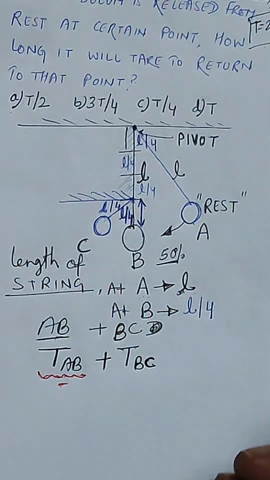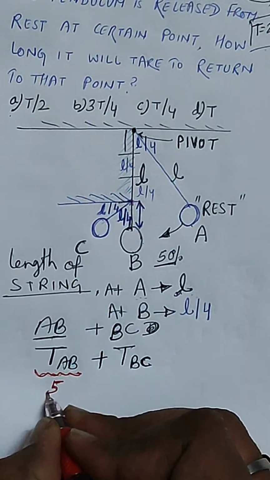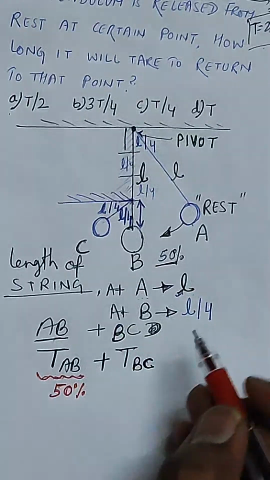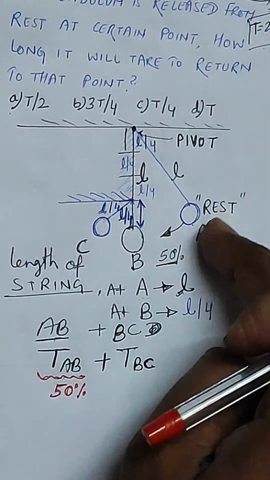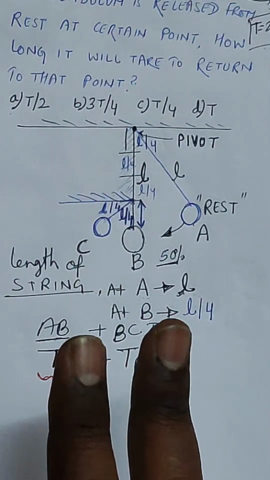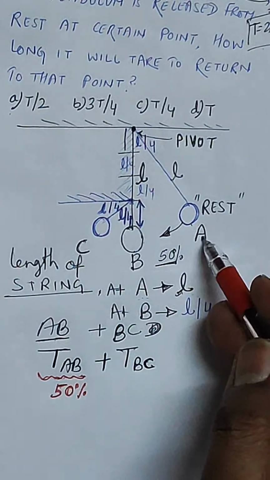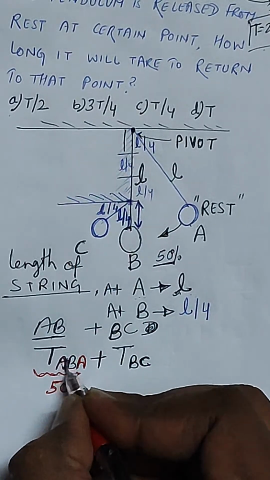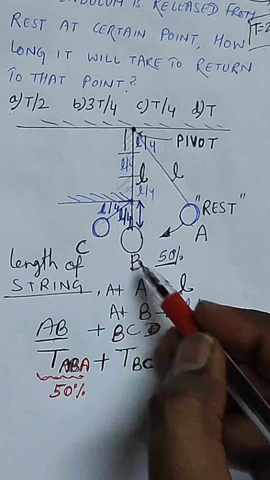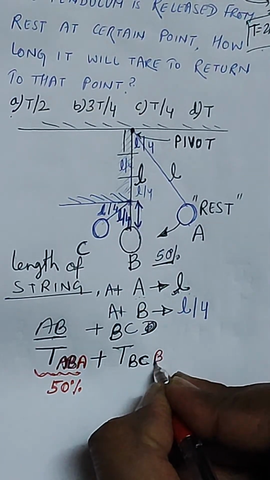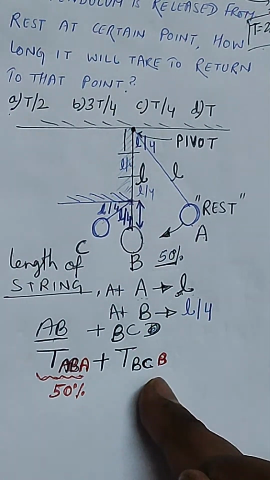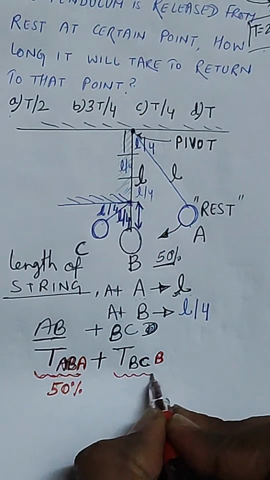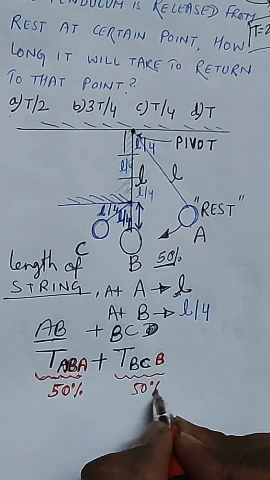For this section, this is covering 50%, A to B, then B to A. And I've just split this entire oscillation into two parts: A, B, A all together, and then B, C, B. We have considered both as two different sections. So this will cover 50% of the oscillation.